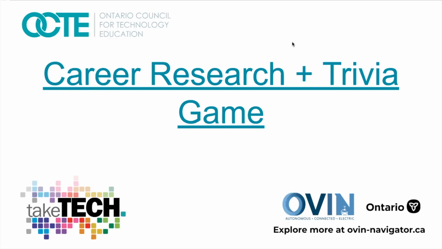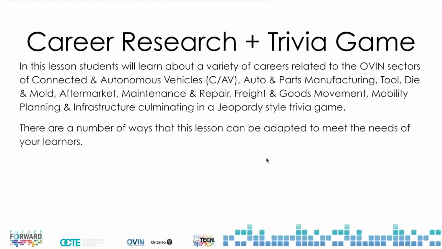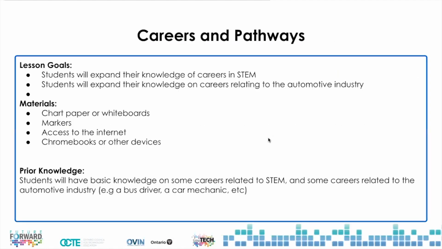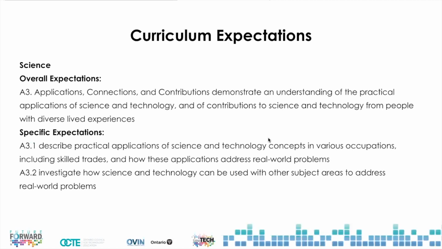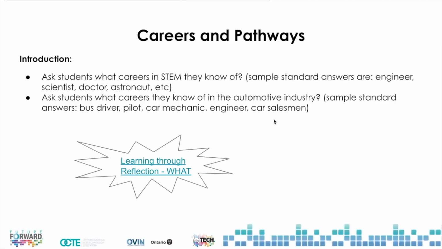The last lesson in this guide is a career research trivia game. So this lesson is focused on the careers related to the OVIN sectors that we saw at the start. And through their learning, students will then play a Jeopardy-style trivia game. Again, we have our lesson goals and our materials, prior knowledge, curriculum expectations, and our reflection tools.